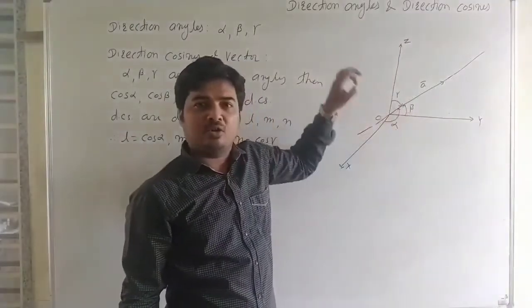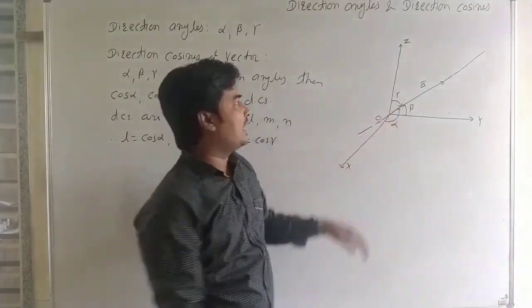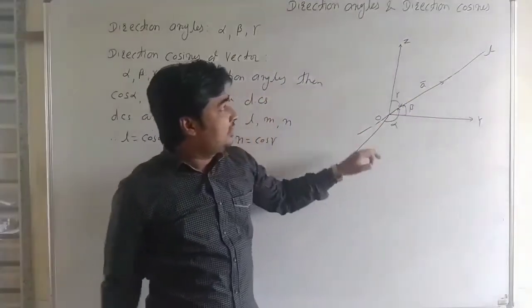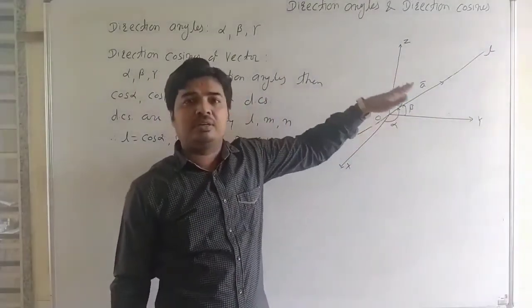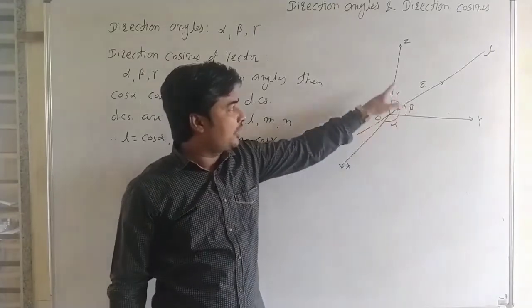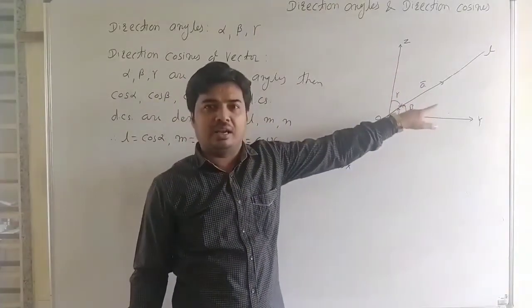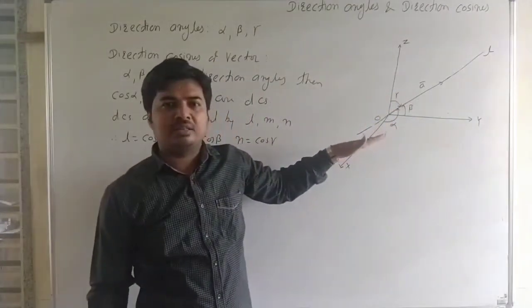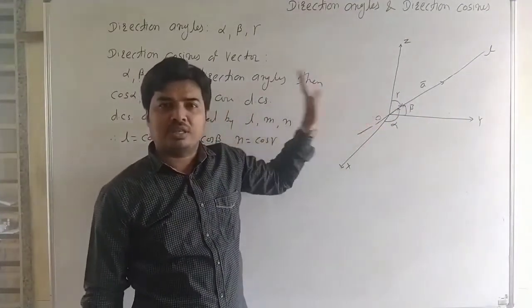Direction angles of the vector a bar or the line L are the same, that is alpha, beta and gamma, and when direction angles are the same, the direction cosines are also the same.